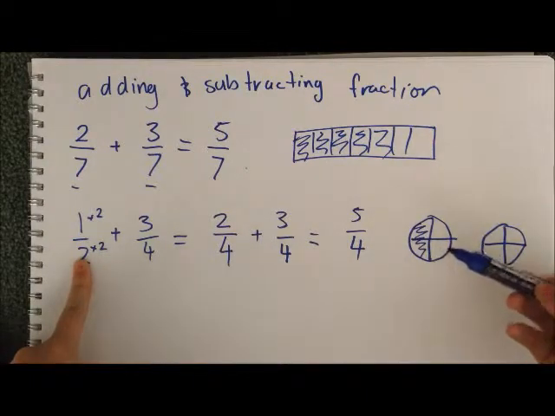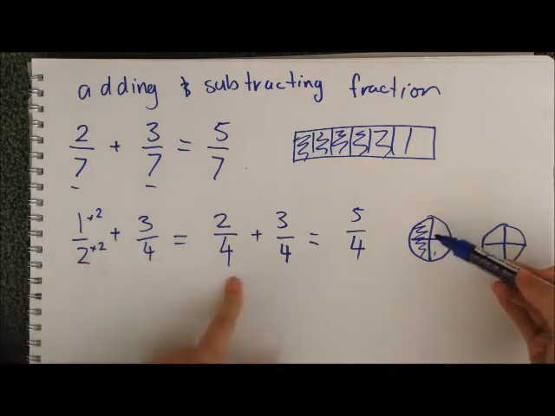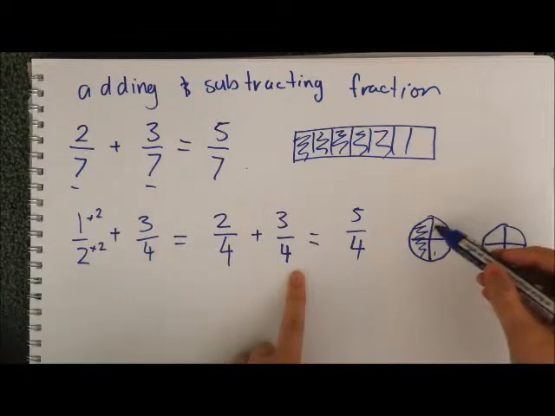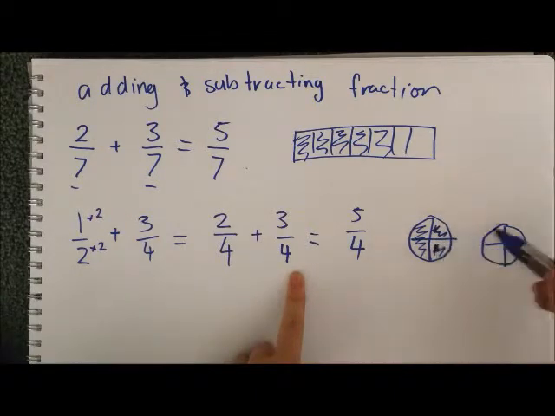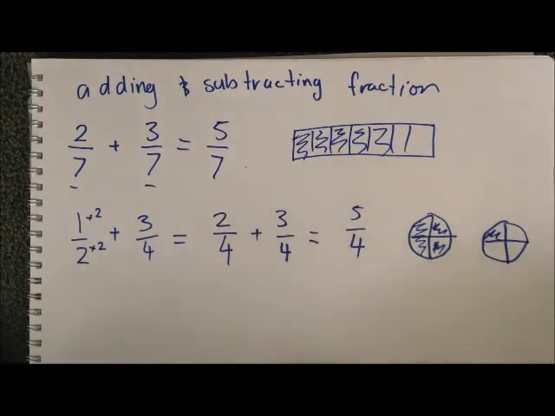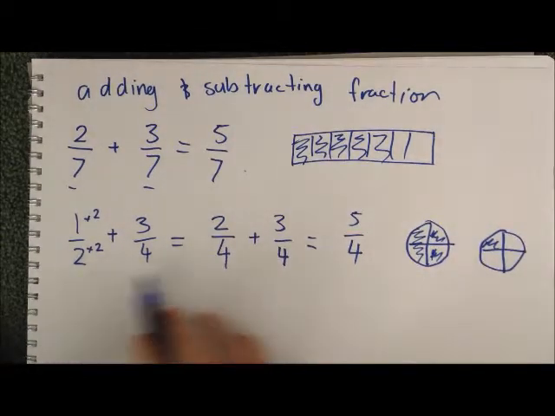That's half a pizza, which is 2 quarters. Now we're adding another 3 quarters, so 1, 2, 3. Simple enough? Okay, now let's turn over the page for something a little bit more difficult that's not as easy to work out like we did with this one.